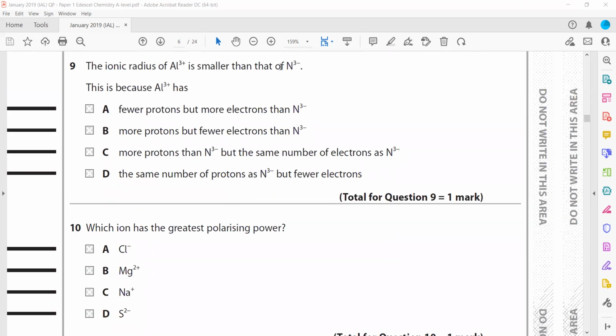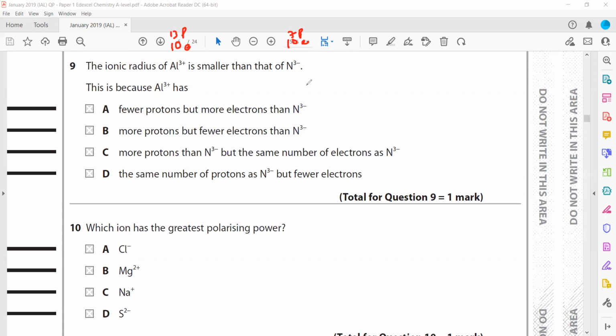In question 9, the ionic radius of aluminum, which is +3, is smaller than nitride. They are isoelectronic because aluminum loses 3 electrons. Aluminum has 13, loses 3, so 10 electrons. Nitrogen has 7, gains 3, so 10 electrons. But in aluminum, 13 protons are attracting, while in nitrogen only 7 protons are attracting.